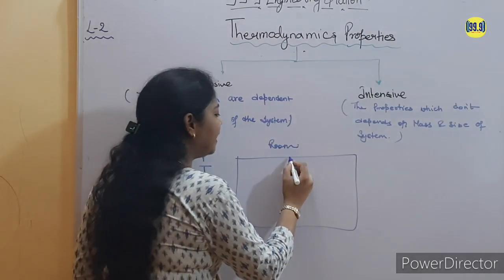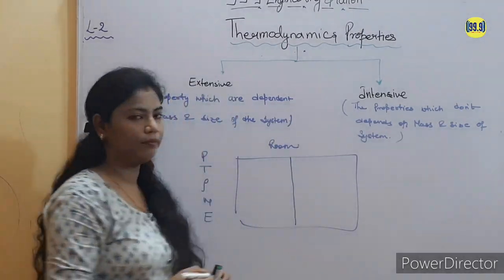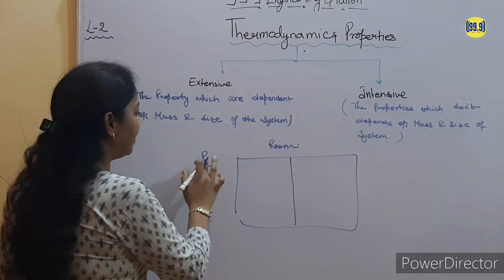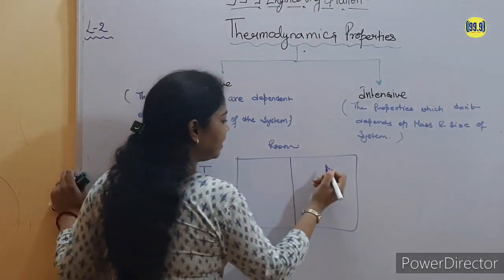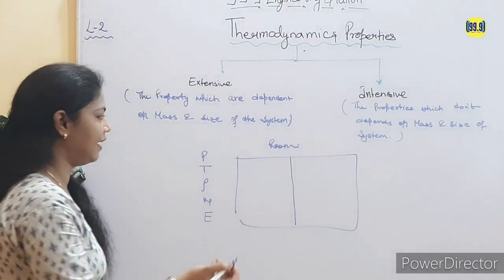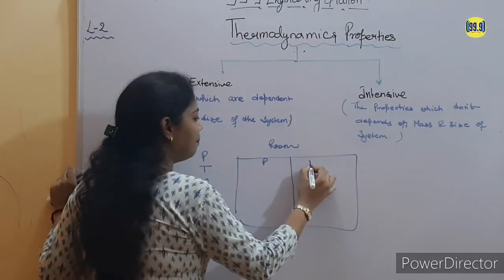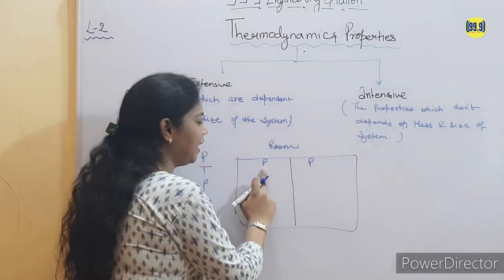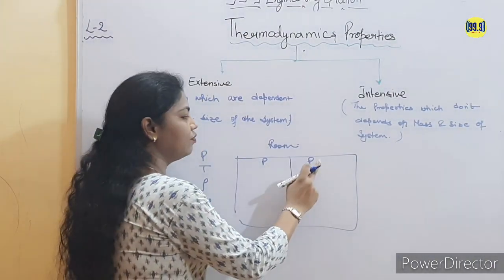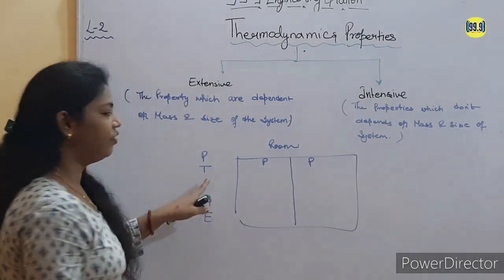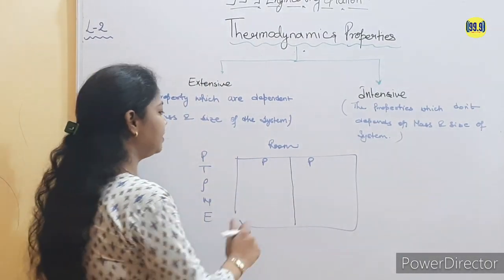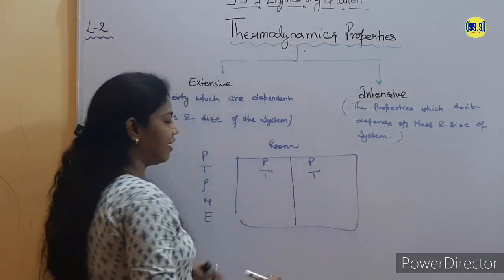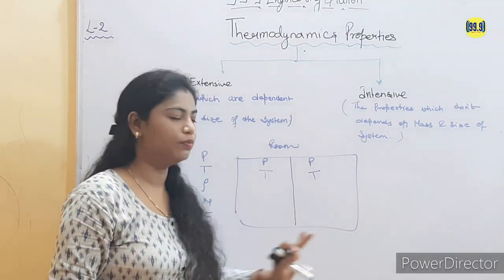Let's do it. If we divide this room into two parts, what will happen with the parameters? The pressure in this part is equal to the pressure in the other part, so pressure remains the same in both parts of the room. We can simply write P for this section, and P for the other. The temperature is also the same in both cases, so we write T and T for both.